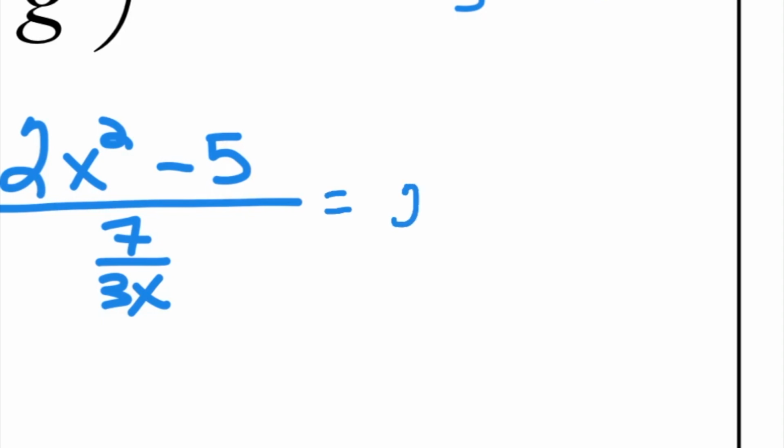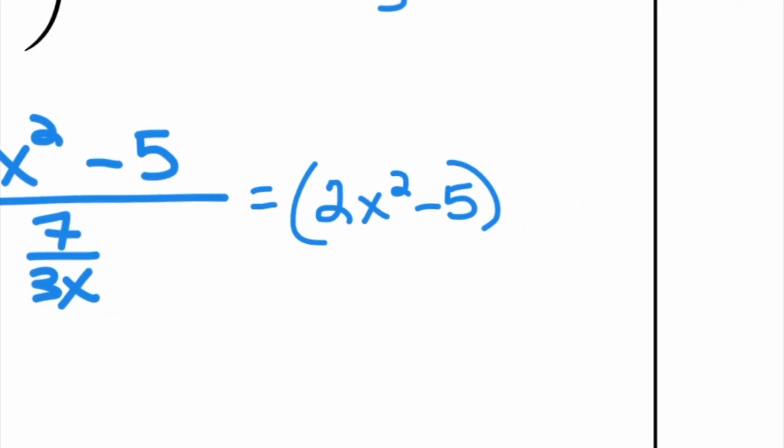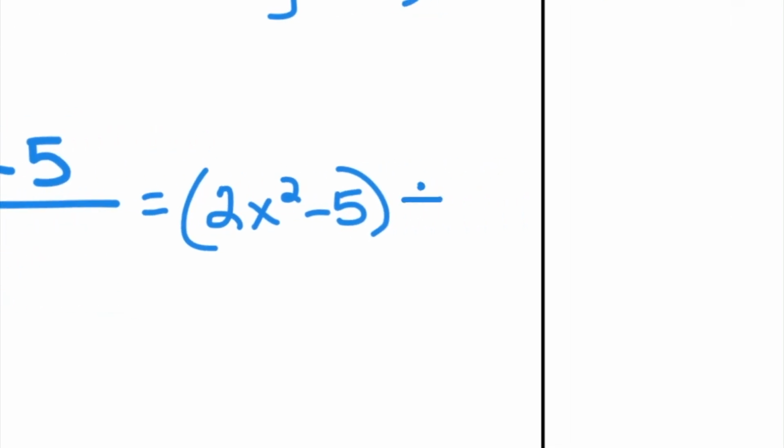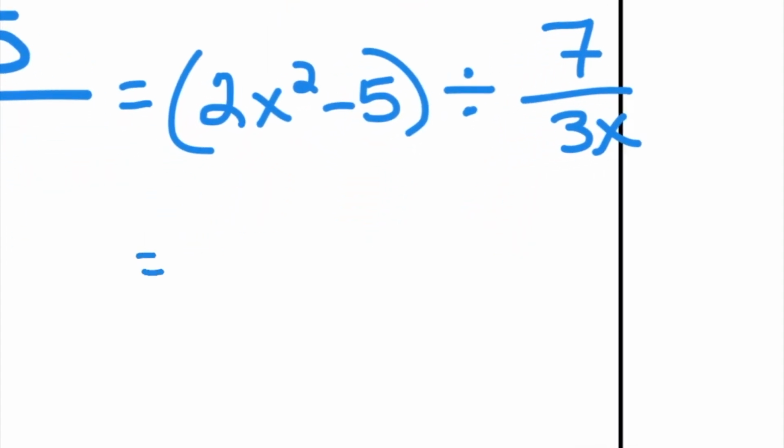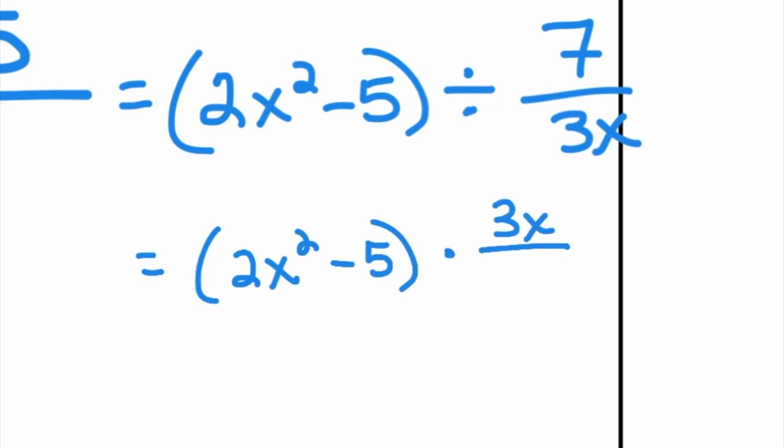I'm going to rewrite that as the quantity 2x squared minus 5, divided by 7 over 3x. Well, that is the same as 2x squared minus 5 times 3x over 7.